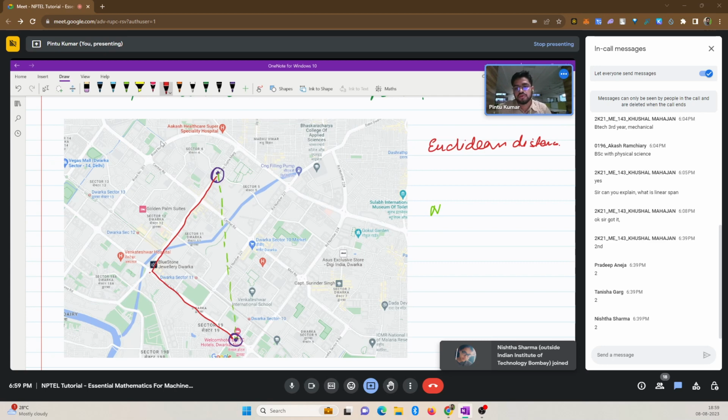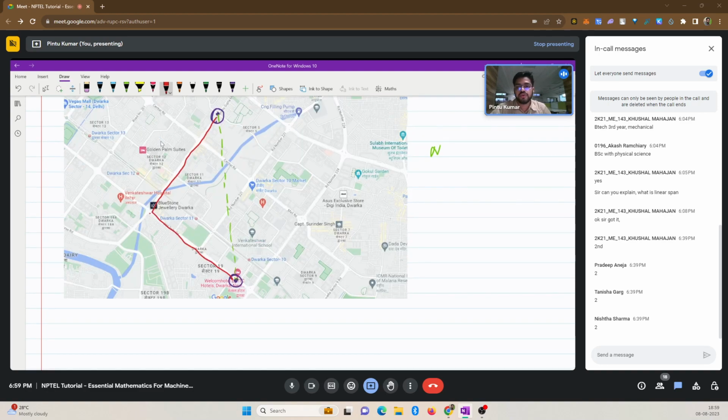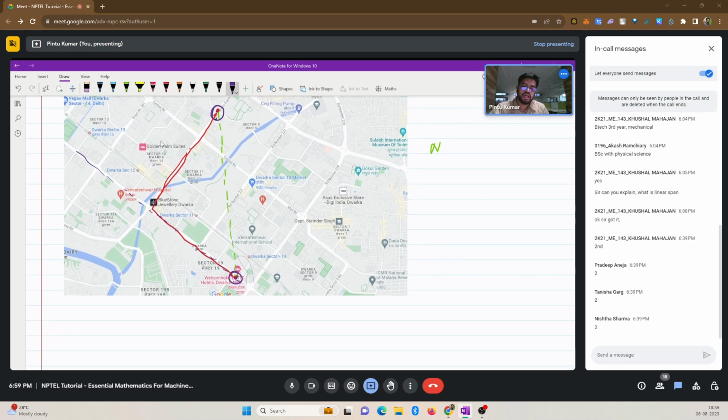Let's say you want to find the distance between these 2 points. What you did is you went this way and then again went this way. So if this particular line was your x-axis, and this particular line was, let's say, your y-axis, then what would have been the distance?